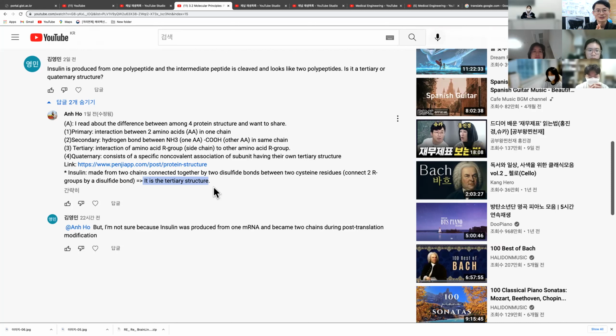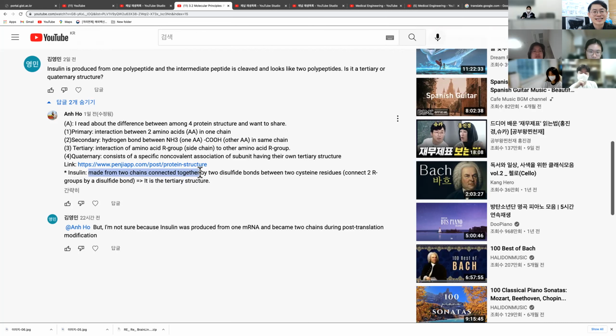In this case, Anho made a comment that it is made from two chains connected together. Anho, from what you wrote, this sounds like a quaternary structure, because two chains and then a disulfide bond to bring them together. Then isn't it supposed to be quaternary structure?